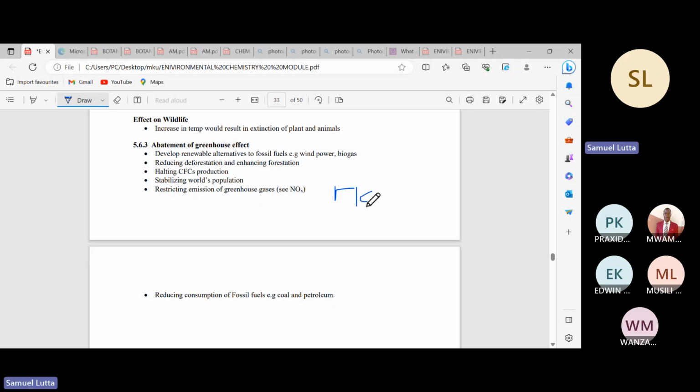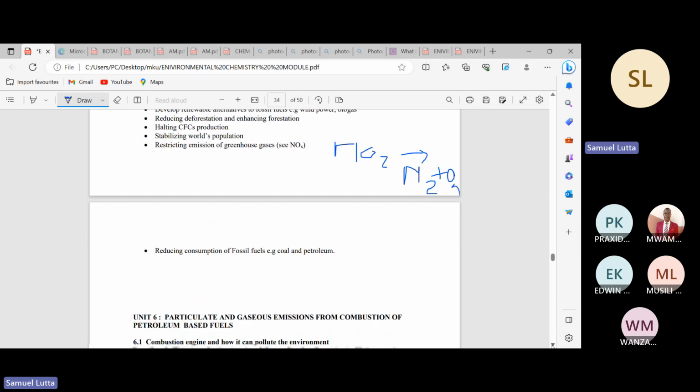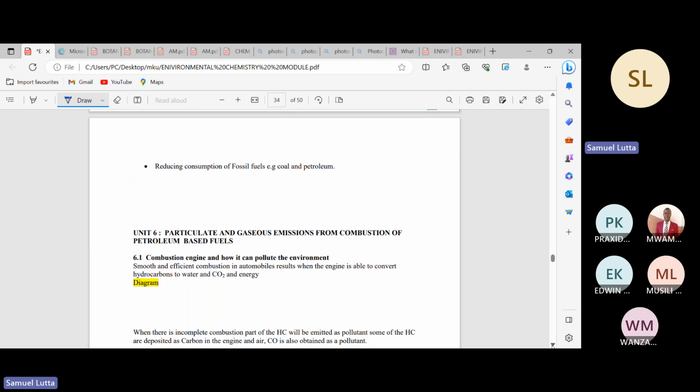Instead of burning and getting this, you can have a catalytic chamber where the NO2 is converted into nitrogen plus oxygen, which are friendly. So these ones don't cause global warming. I think we talked about this. And then just reduce the use of fossil fuel, and that will be it.